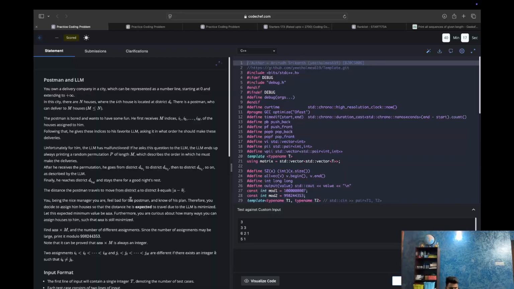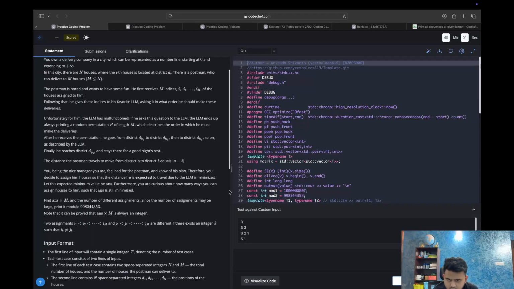The total number of ways is n choose m, which is n factorial over m factorial times (n minus m) factorial, but that times m is always an integer. Two assignments are different if there exists a k such that the kth house differs.